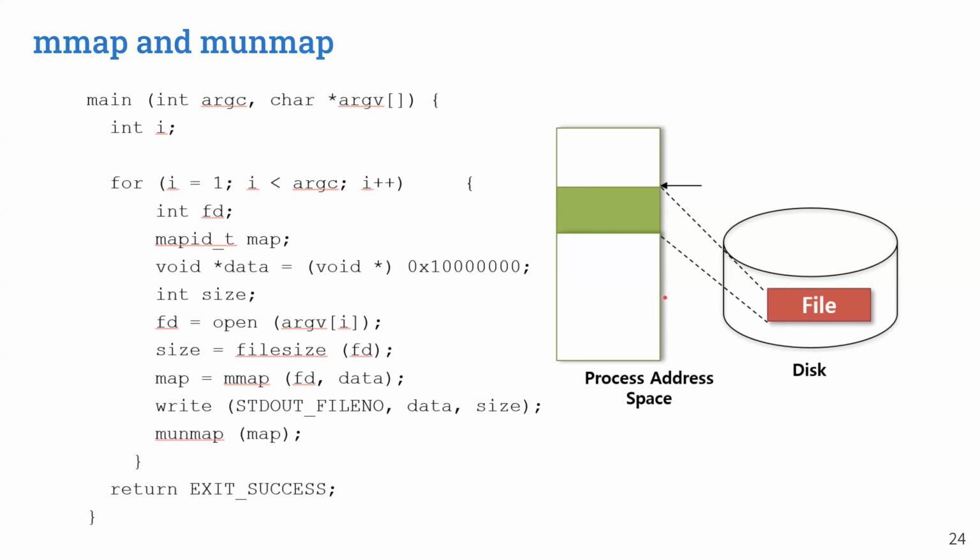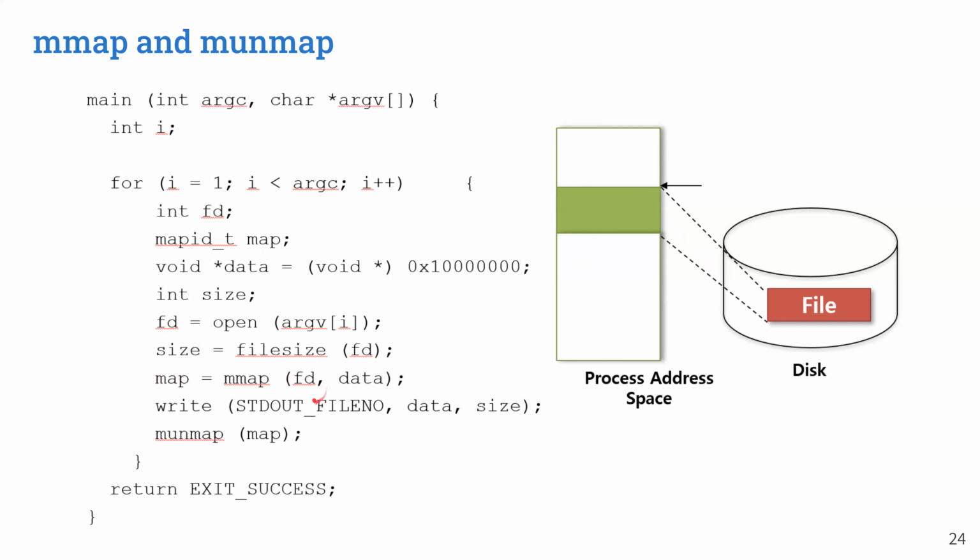Third one is memory mapped file. This is the explanation about mmap and munmap. As you can see in this code, when you open a file and you want to map this file directly into the memory of the user process address space, here the address is this. We can map the file into the user's memory space using this mmap function.